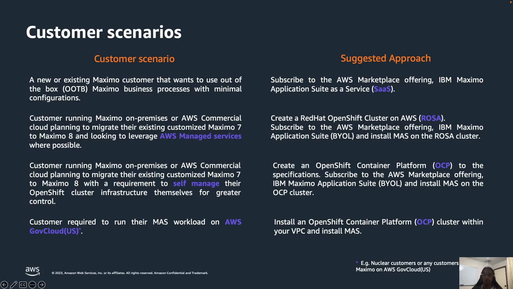We also heard in the previous slide that ROSA at this point is not available on AWS GovCloud. Given these two constraints, the suggested approach for the customer would be to install an OCP cluster within your VPC and then go ahead and install MAS using the Ansible automation.